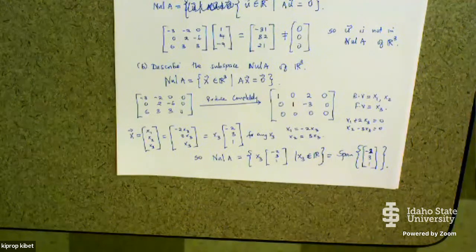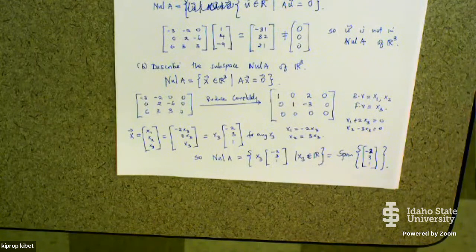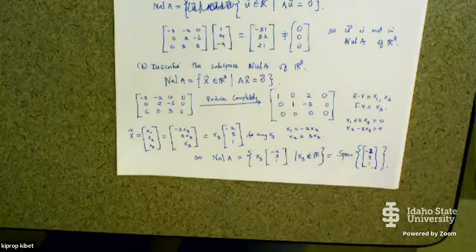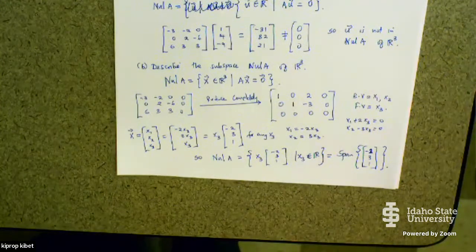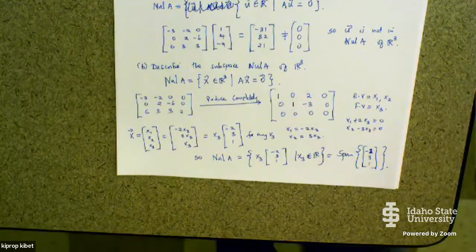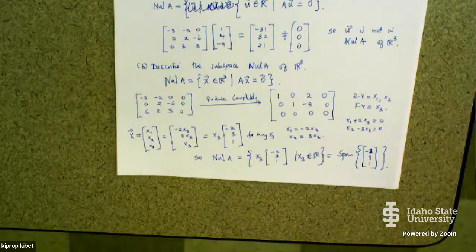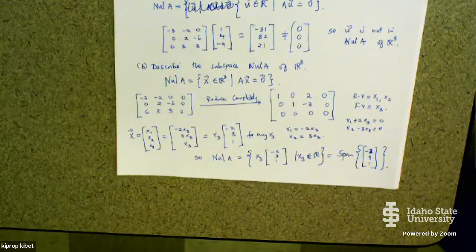Any question up to that? So the solution of AX equals 0 gives the vectors which are formed from that, and that is the null space of A.